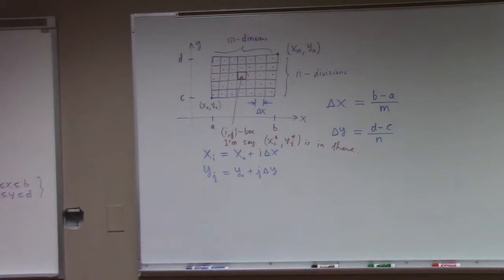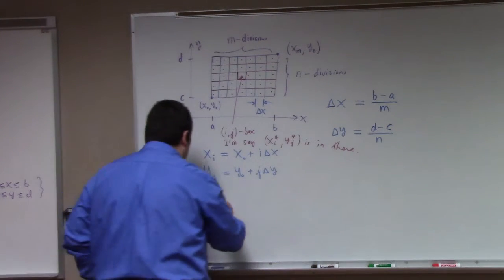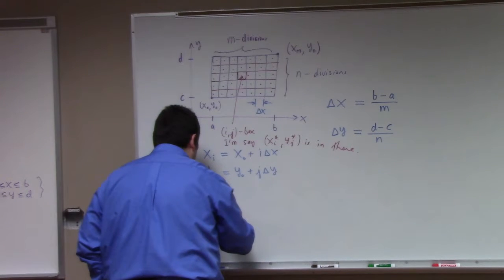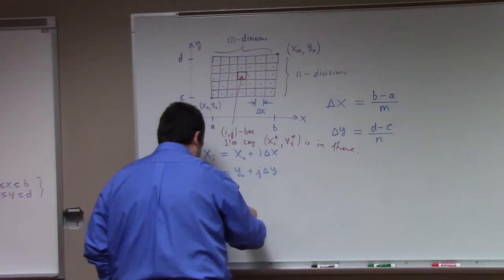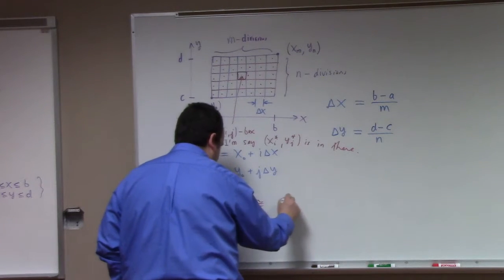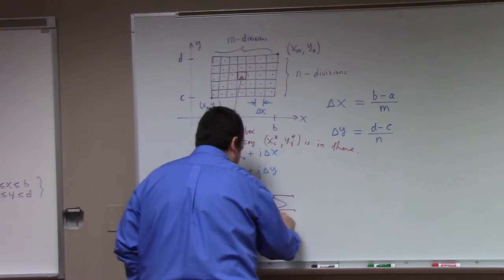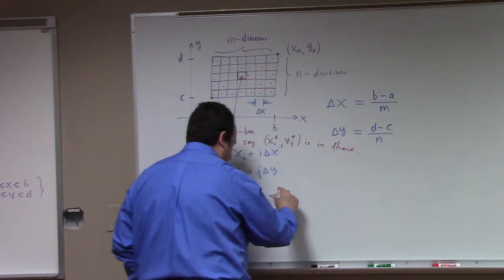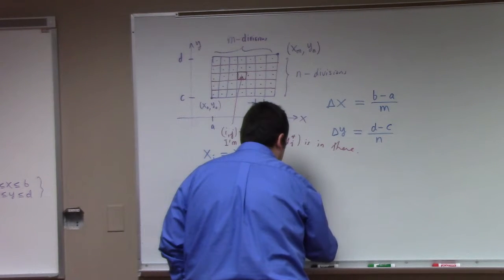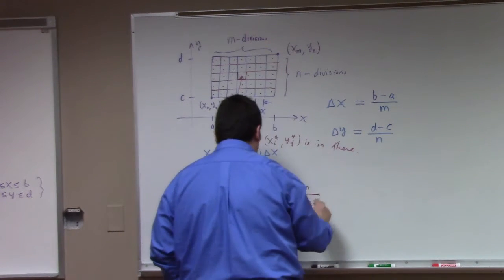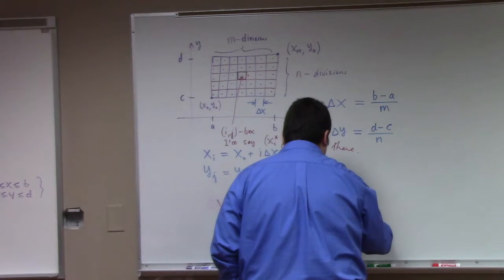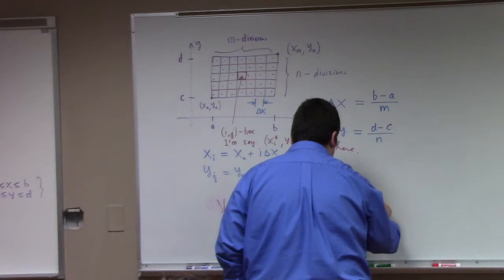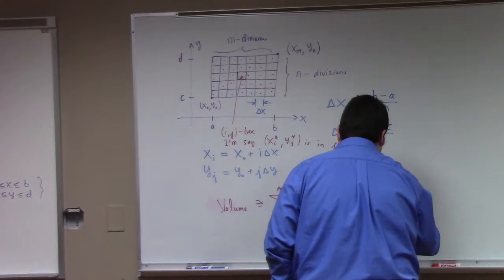All right, so what's the approximation? The volume is approximately what? The sum, i equals 1 to m, sum j equals 1 to n, of f of x sub i star comma y sub j star, delta x delta y.